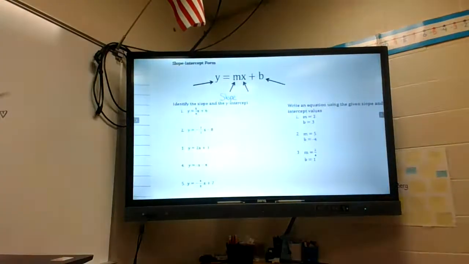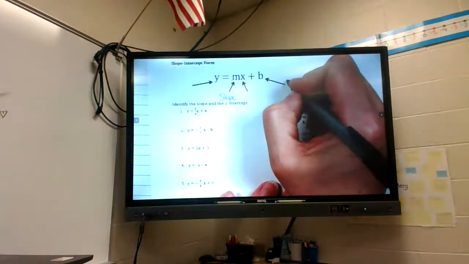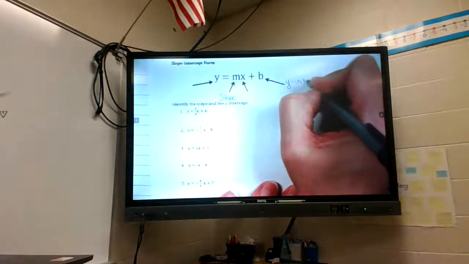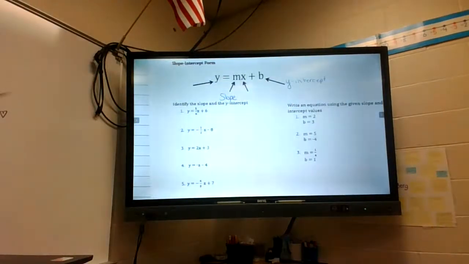So the m represents the slope. What does the b represent? Where it crosses the y-axis. Yep, this is our y-intercept, or sometimes it might be called the initial value, the starting point.